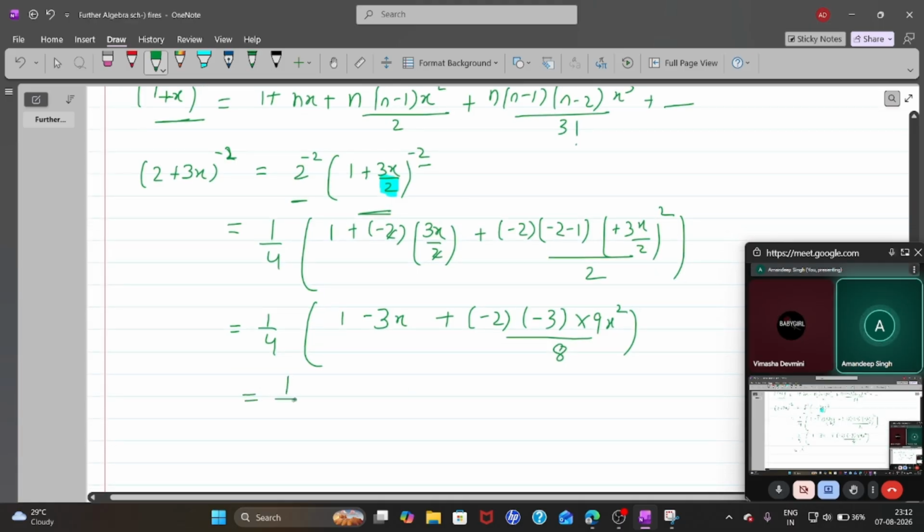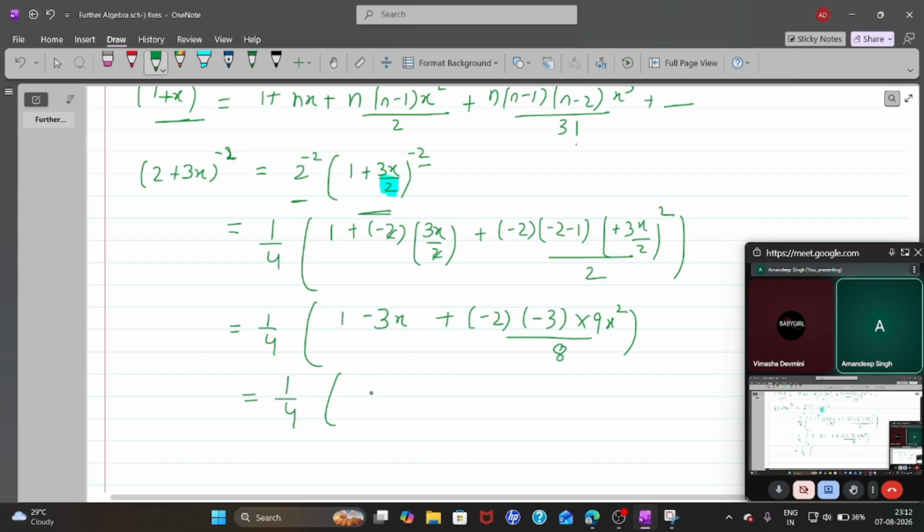So it is 1 by 4 into 1 minus 3x plus, 2 fours are 8, so it is 27x square by 4.